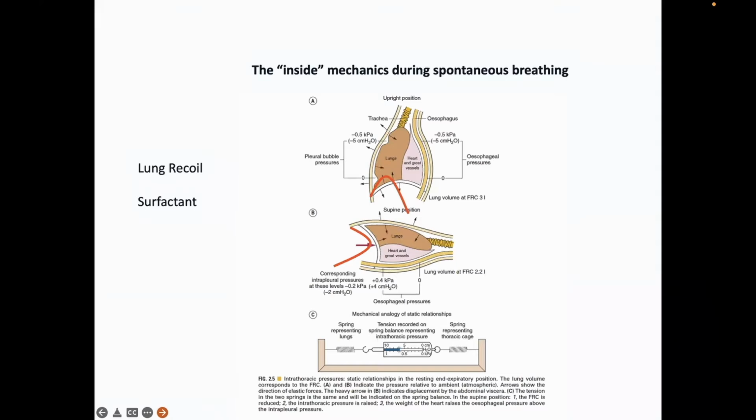And this is the first hint to prone position. If we go into prone position, we go back to the original intended position of the diaphragm in four-legged walking. So the diaphragm doesn't operate as a unique and homogeneous structure. It pulls much more in the posterior part of the lung.